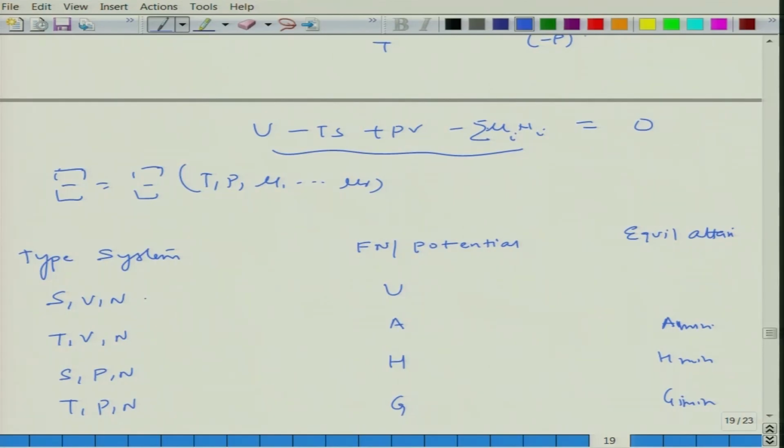For the case of S, V, n, we had S maximum, and later on we are going to show that S maximum or U minimum are equivalent for equilibrium conditions.